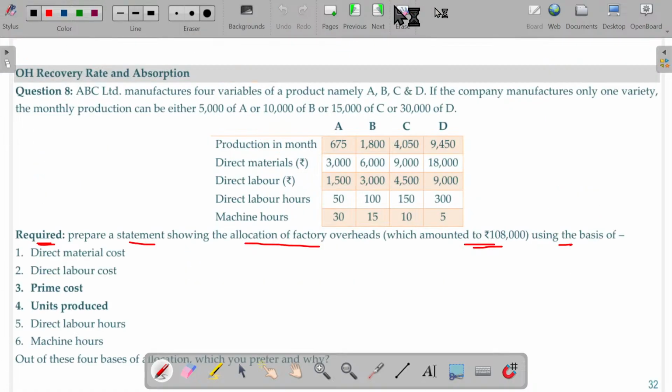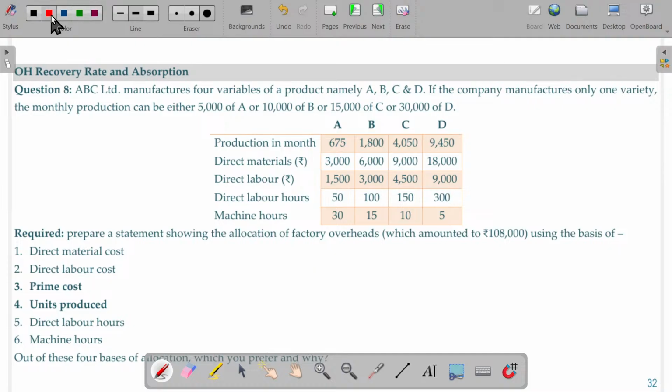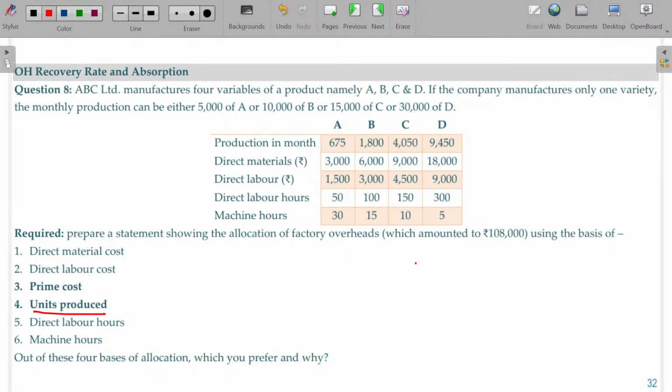Now, in case of the units produced model, listen carefully. We have 4 different units A, B, C, D. Units being 5,000, 10,000, 15,000, 30,000.